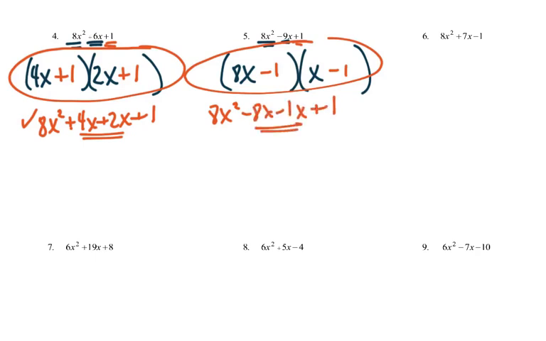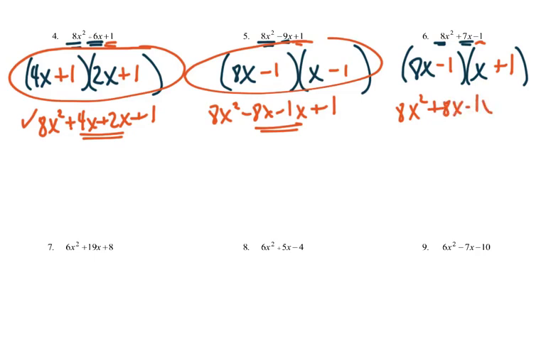So we're always checking, right? 8x and x here, I'm going to go with 8x and x again because that's 7. Could be really 8 minus 1, right? And I see that negative 1, it's going to be negative 1, positive 1. 8x squared plus 8x minus 1x minus 1.